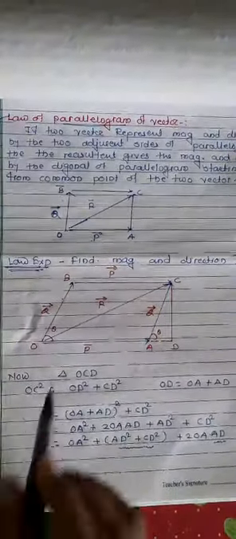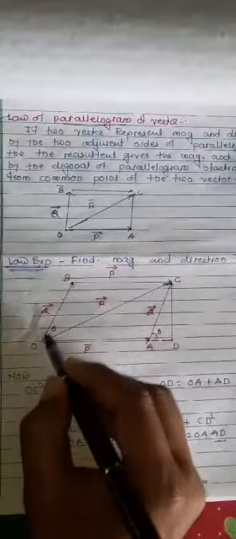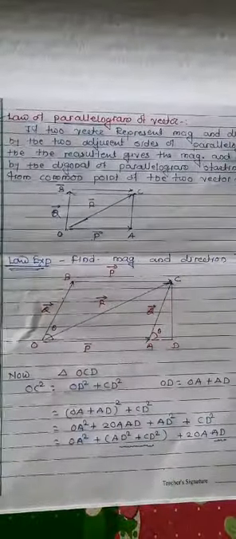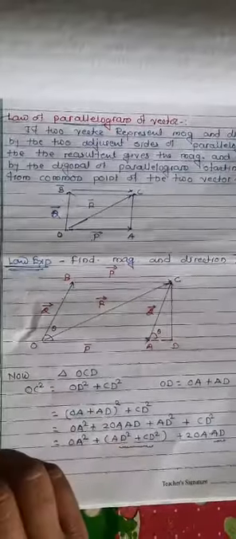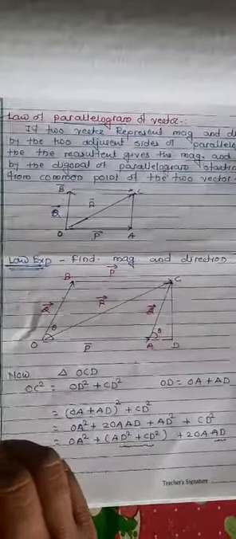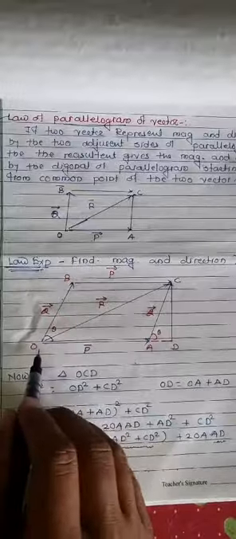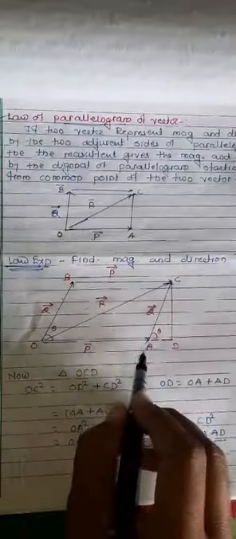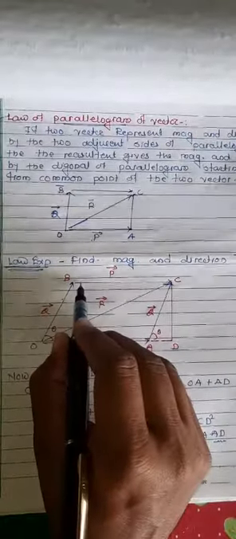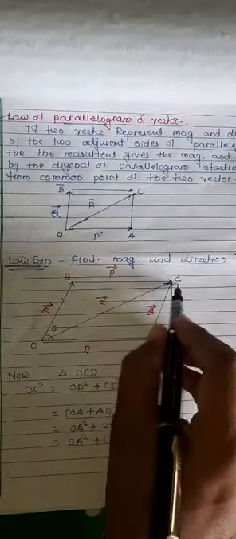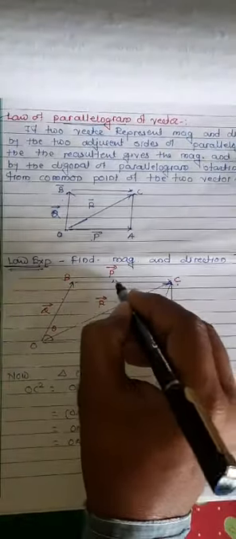OA bar and OB bar are the two sides of the parallelogram, originating from the point O. The vector represented by OA bar, or P bar, is the same as BC bar. Now this side and these sides are the same.